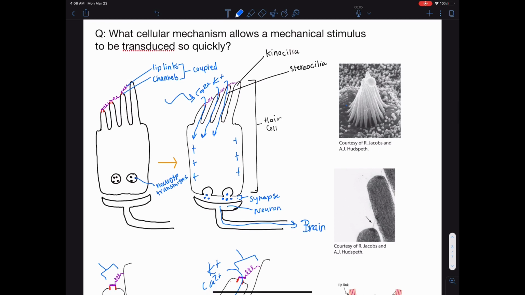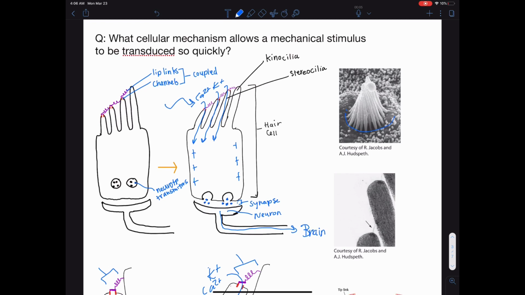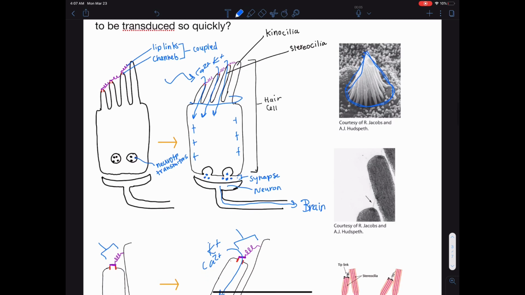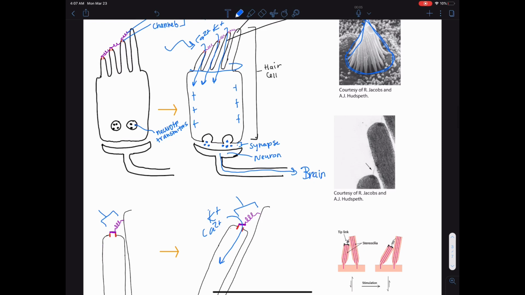So this is a hair cell. This is the image of just the top portion. You're looking right here at this cone. This is the stereocilia, and right here is the tip link.